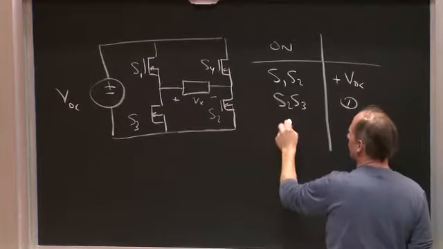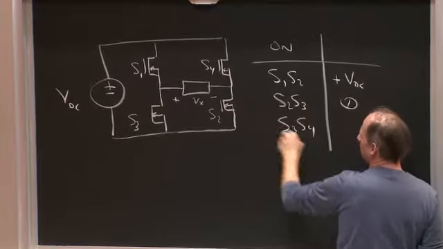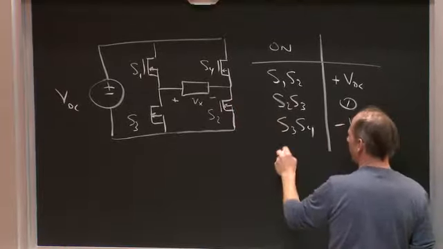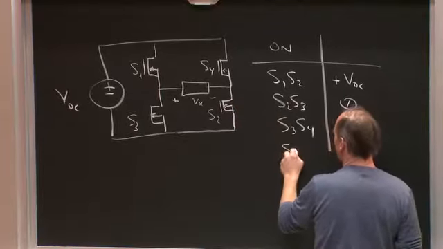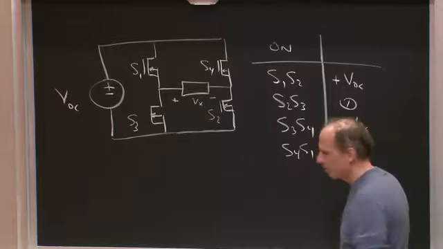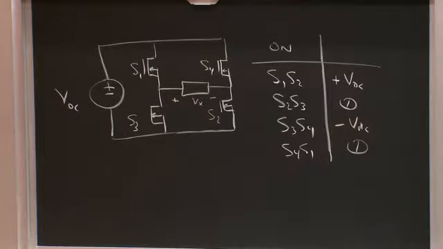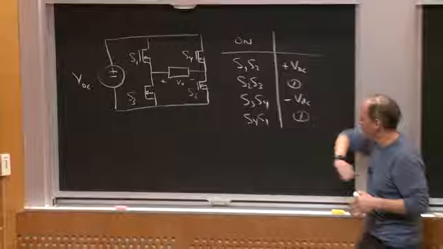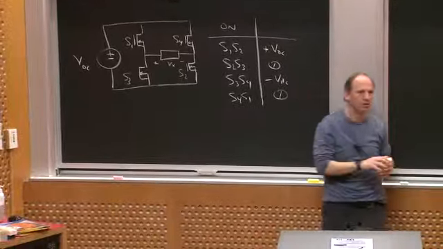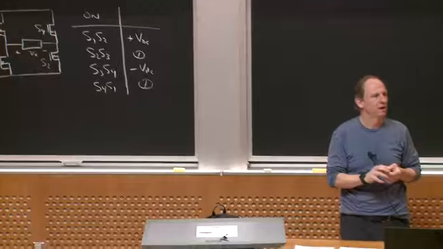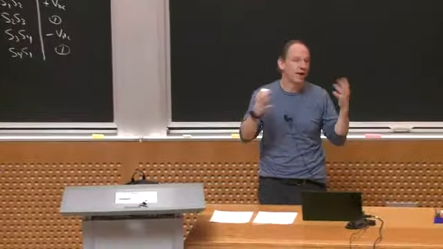If I have S3, S4, I get negative VDC across the load. And if I have S4 and S1, I get 0 again, okay? And we showed last time that we can use this to synthesize either plus, 0, or minus repeatedly across the load, and then use that to at least very crudely approximate some kind of sine wave, for example.